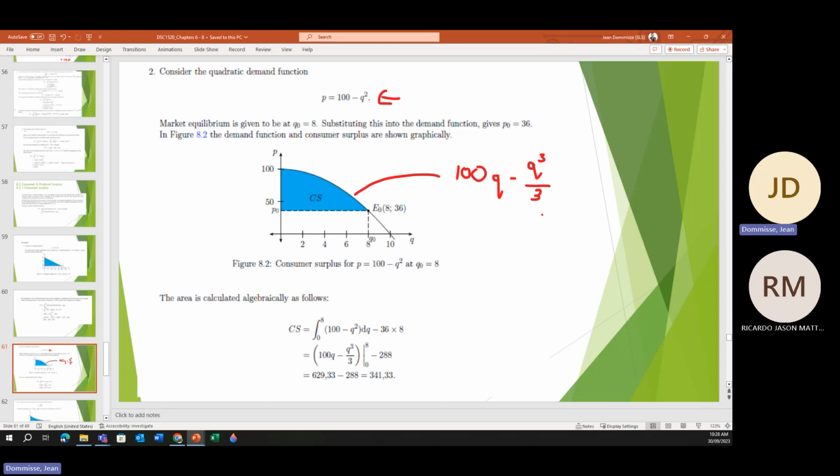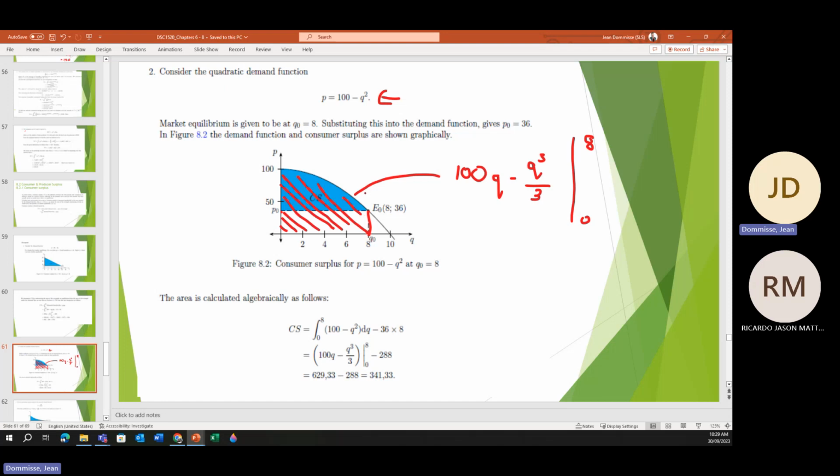But now remember, when we're going to work out this for points 8 to 0, what we're actually working out is that whole area underneath the function.